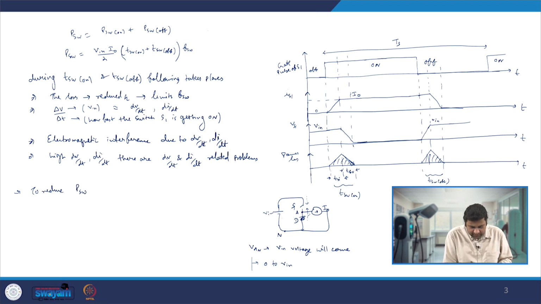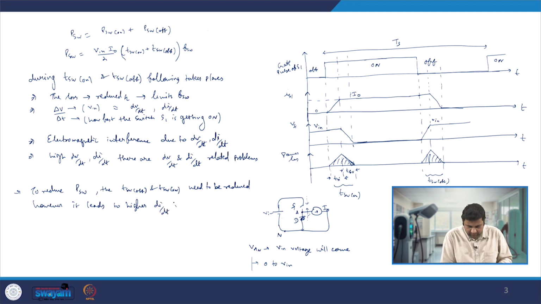And to reduce the P switching, or the loss during switching, the T switch off and T switch on times need to be reduced. However, it leads to higher dI/dt and dV/dt.